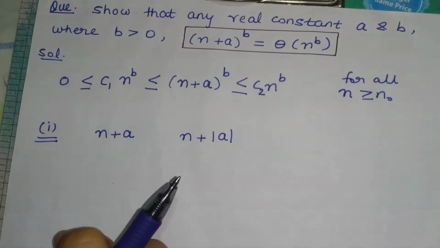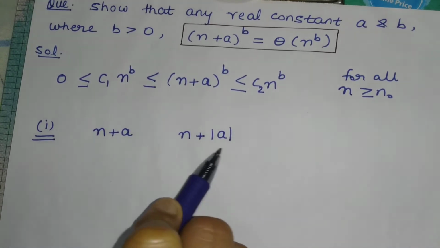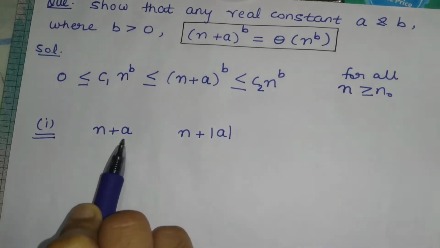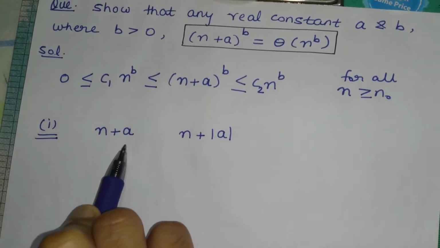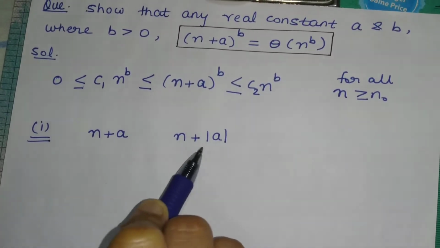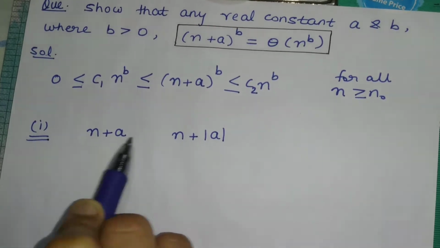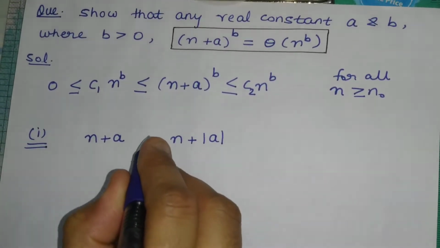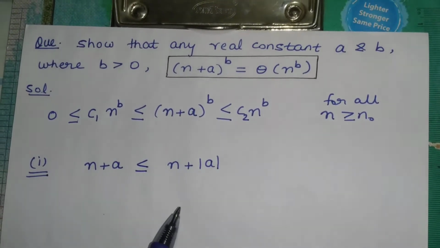If a equals 5, it will be n + 5 in both. But if a equals minus 5, then it will be n minus 5, while the other is n + 5 only. So for every value of a, n + |a| is always greater.